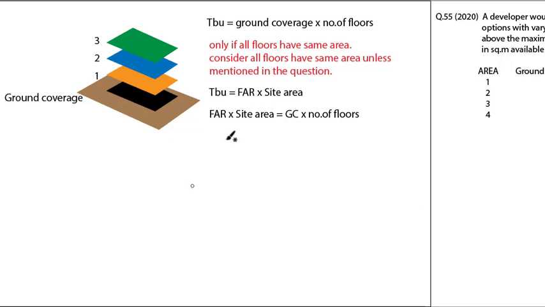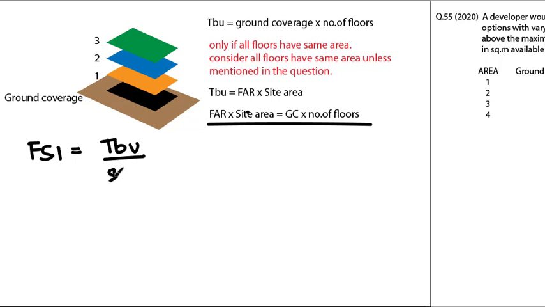So in the first equation we got total built up area is FAR into site area, and in this equation we got total built up area is equal to ground coverage into number of floors. Equating these two, FAR into site area is equal to ground coverage into number of floors. So writing all the formulas, FSI is equal to total built up divided by site.